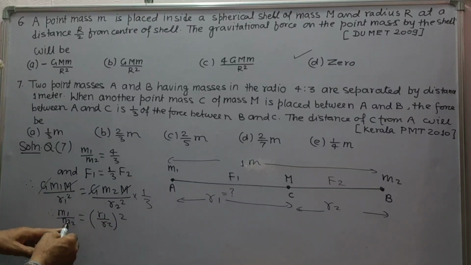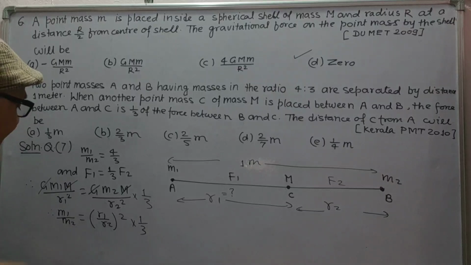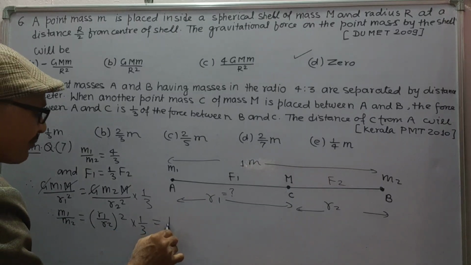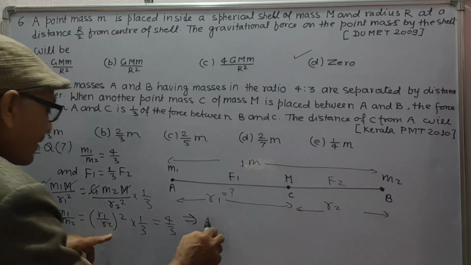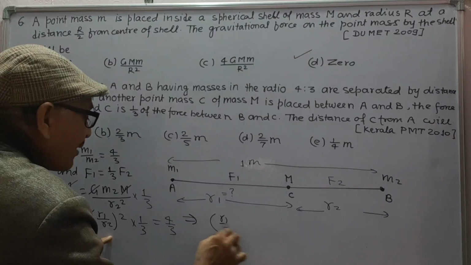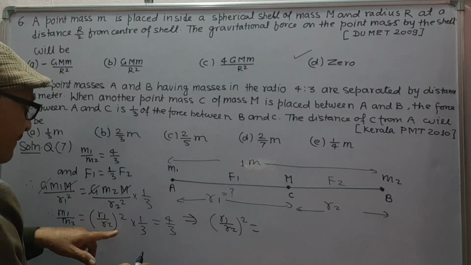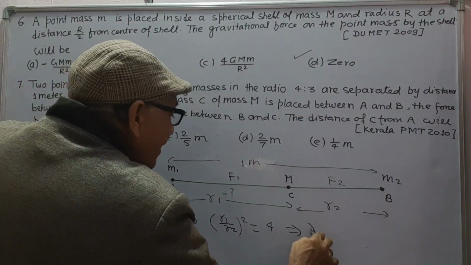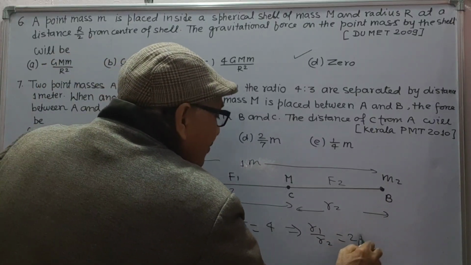So we get M1 upon M2 is equal to 1/3 R1 upon R2 whole square, and M1 upon M2 is given to be 4/3. So we get R1 upon R2 square as 4, since 3 cancels, which gives R1 upon R2 is equal to root of 4, that is 2.